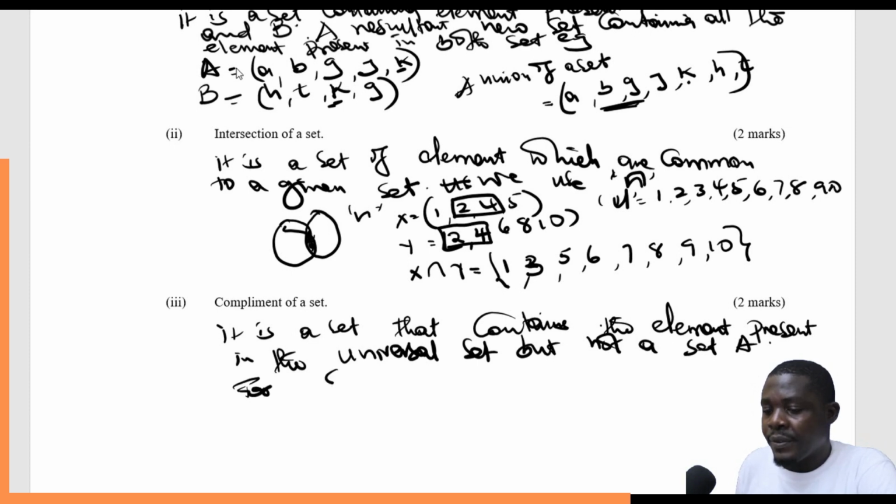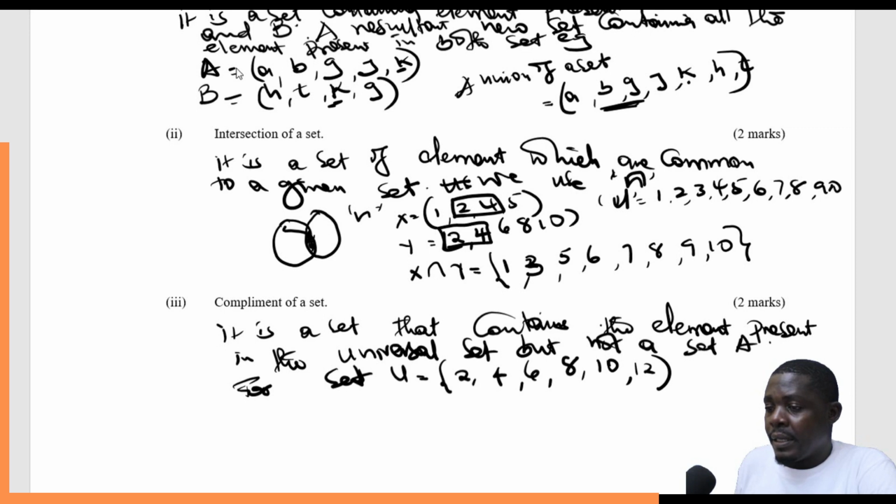For example, we have the universal set which is 2, 4, 6, 8, 10, and 12. And set A, which is 4, 6, 8.